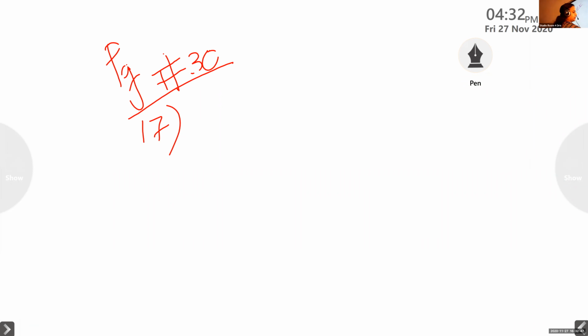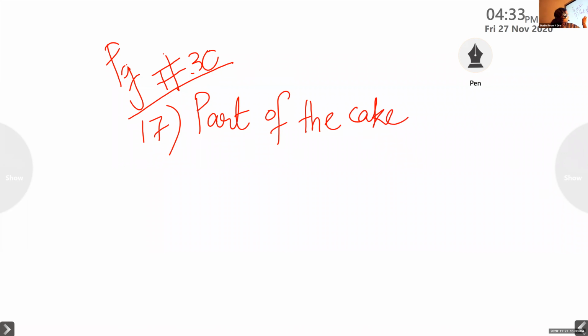So what can we write here? Part of the cake Rishi got. 4 by 17.